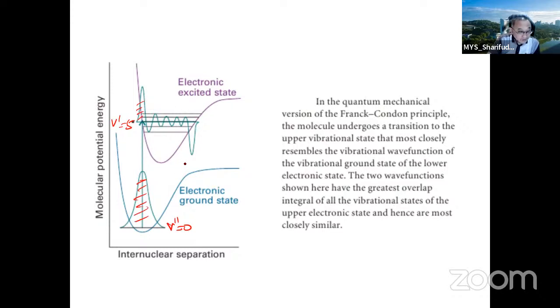Okay. So if you think of the electronic excited state, it can move to the left or to the right. If you move the excited electronic state to the left or to the right, it will reflect on the spectrum, and this can be seen here.